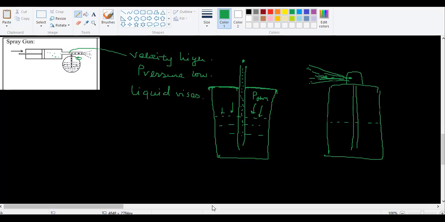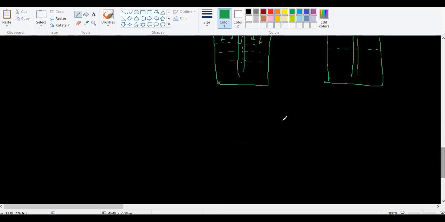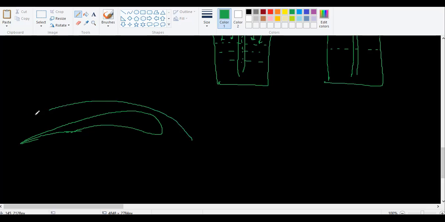Of course, the next example, the airfoil experiment, we already talked about it. I told you the airplane wings are nothing but airfoils. The air flows this way and the air flows this way. It is designed in such a way that this will be a longer path compared to this path, which means the air has to rush through this. So here the velocity is higher, pressure lower.